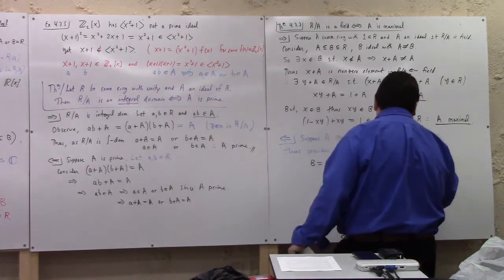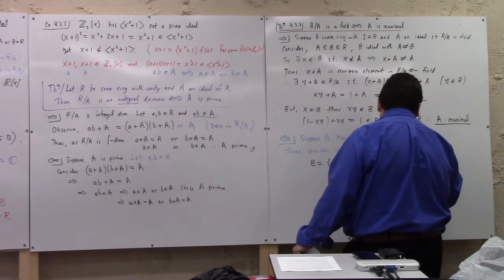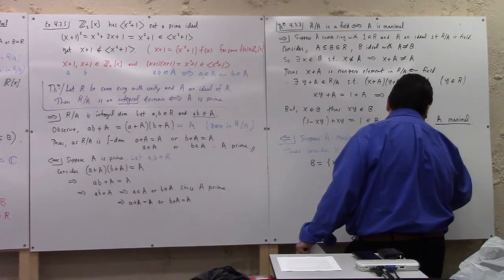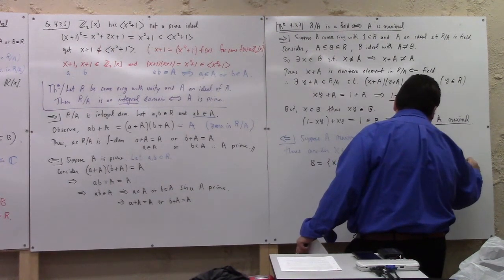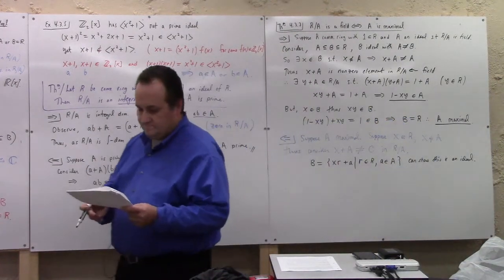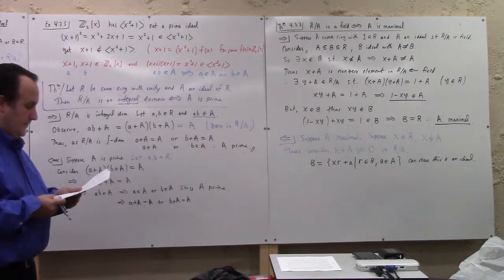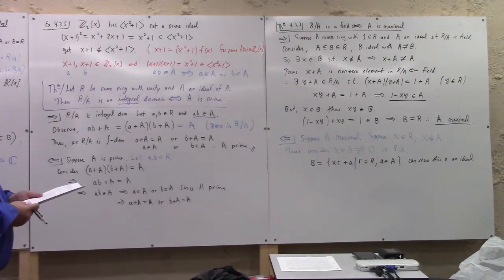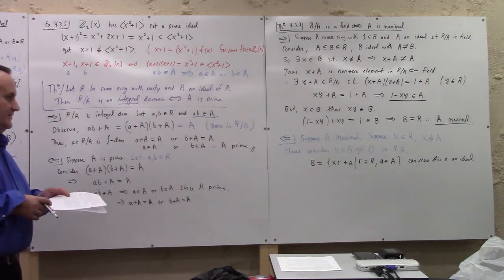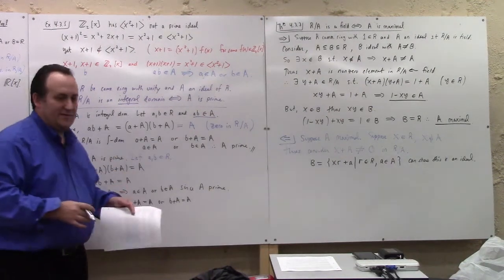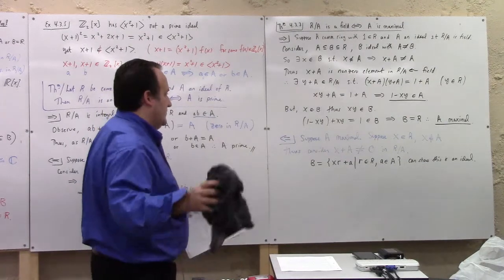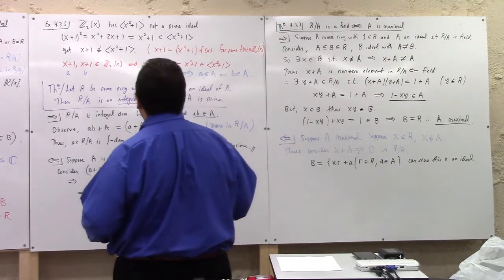You can show this is an ideal of R. Maybe I'll make that one of your homework exercises, and if I remember, I'll try to make this one of your homeworks in Mission 6. That should be a pretty friendly homework, actually.